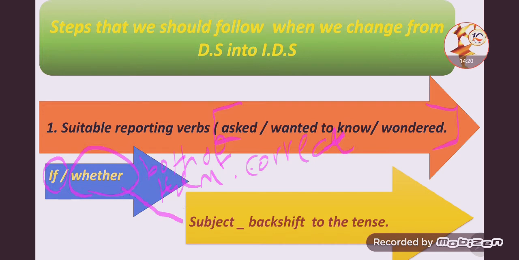After this we put what? Subject, back shift to the tense. إذا بعد هيك شو بعمل أنا؟ بحط السبجكت اللي هو أصلا مذكور بالسؤال، بعدين back shift to the tense، وإحنا حطيناهم بالفيديو الماضي وشرحنا عنهم كتير وحكينا how to make back shift to the tense. كيف تعمل رجوع بالزمن أو تحول من زمن إلى آخر.